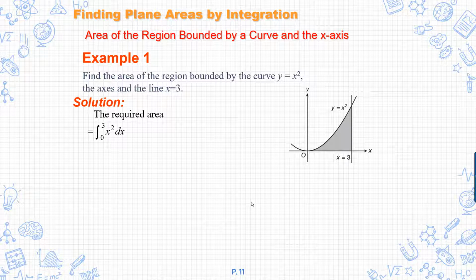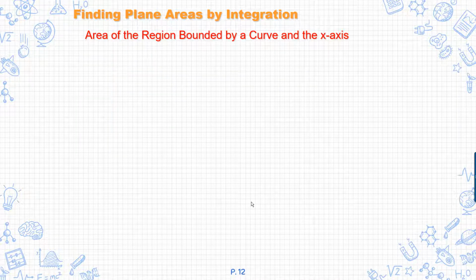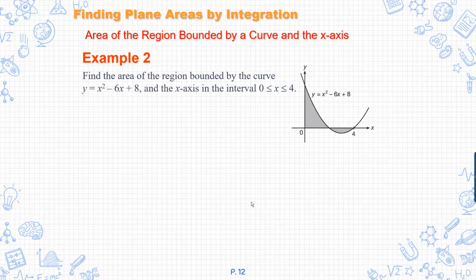We can say that the area required is the integral 0 to 3 x square dx. Let's quickly solve this integral. The integral of x square is x cubed by 3 and the lower limit is 0 and upper limit 3. So the area is going to be 9. Have you got the same answer? Very right. Let's now move to the second problem.